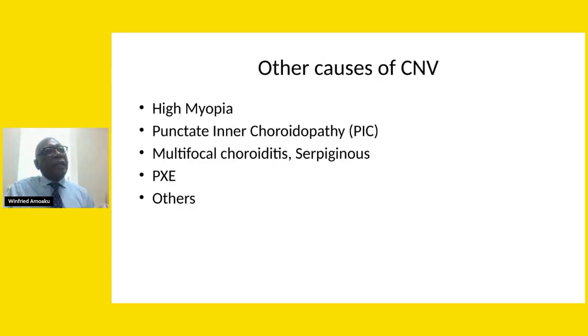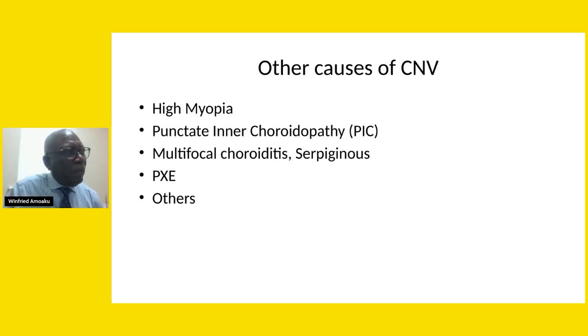But it's important to appreciate that apart from wet macular degeneration, wet AMD, as I would say, there are other conditions that can give rise to choroidal neovascular membrane formation in the eye, as in high myopia, which we call myopic CNV, or PIC, punctate inner choroidopathy, or multifocal choroiditis, or serpiginous, or pseudoxanthoma elasticum, PXE.